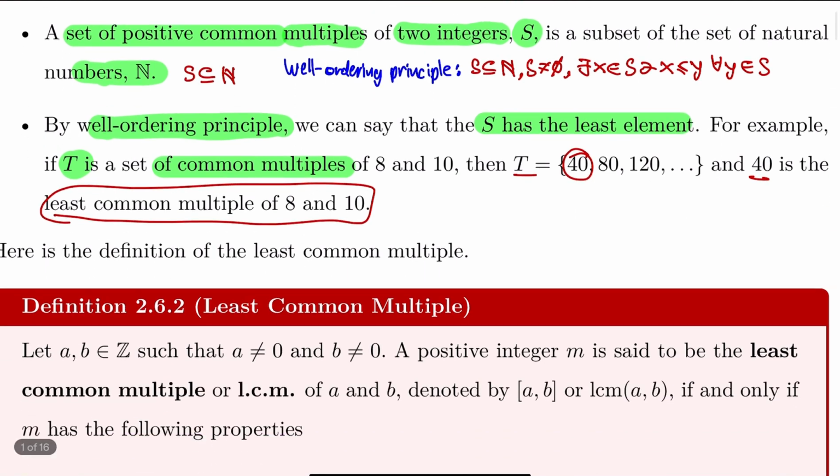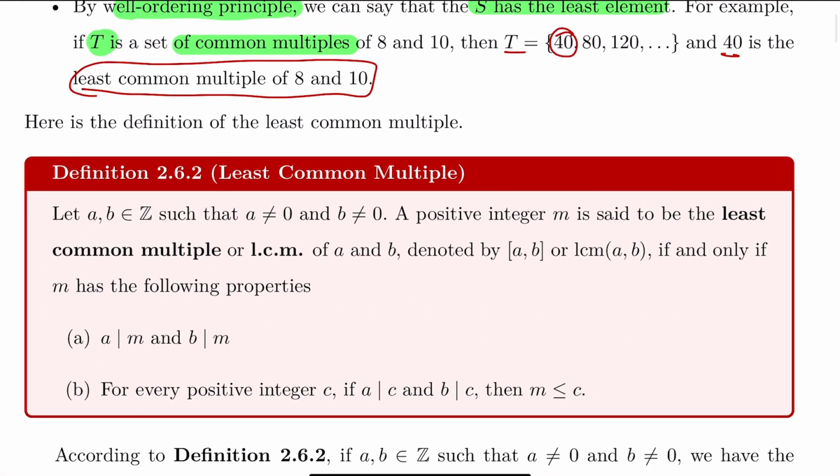And here is the definition of the least common multiple. The notation for this is LCM of two numbers, or you might use angular brackets a and b. These are notations of the least common multiple.